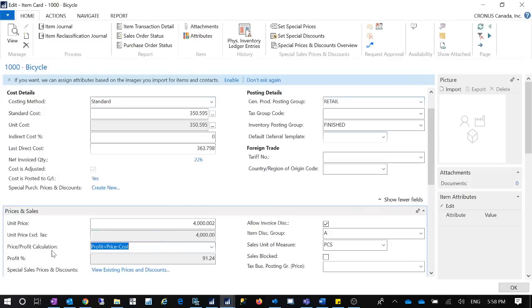So this relationship usually defines how the profit and price change with each other. You have the unit price field and the profit percentage field, and this defines how they depend on each other. If you select the option Profit = Price - Cost, you can see the profit percent field becomes non-editable.